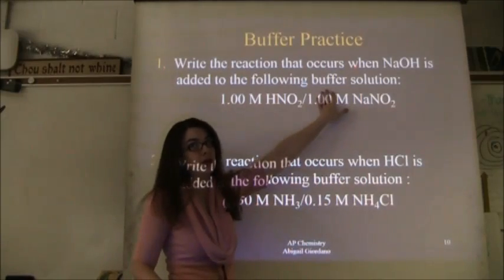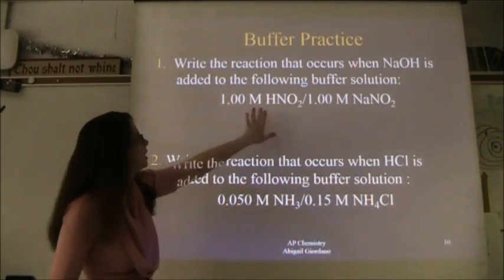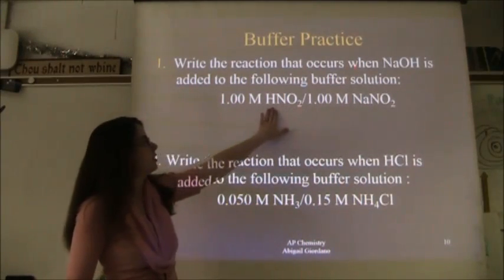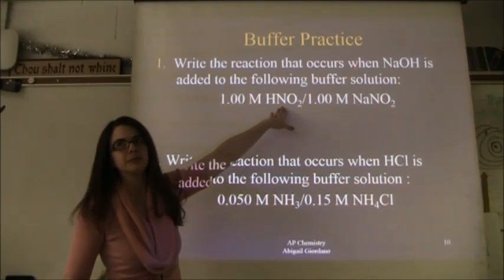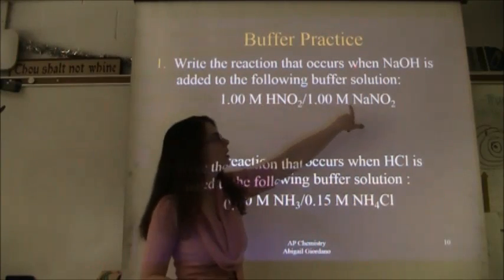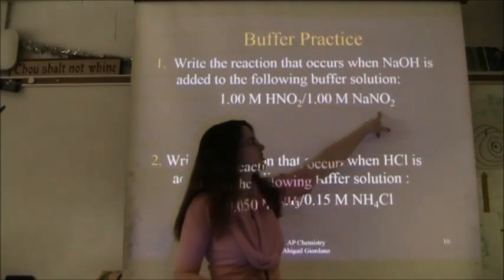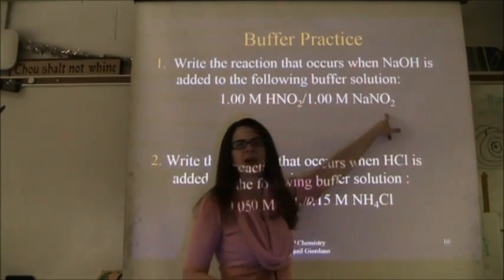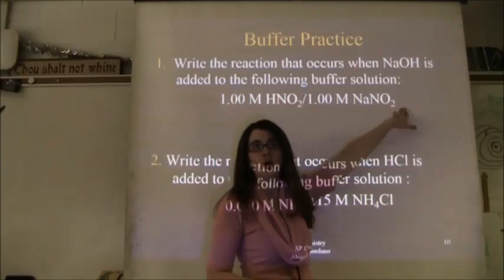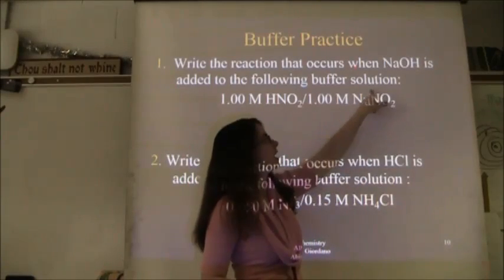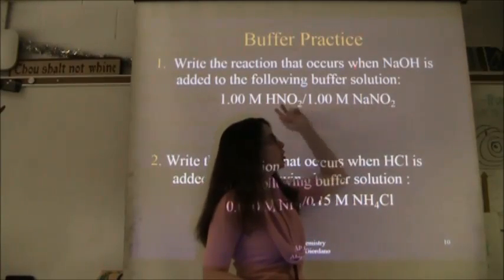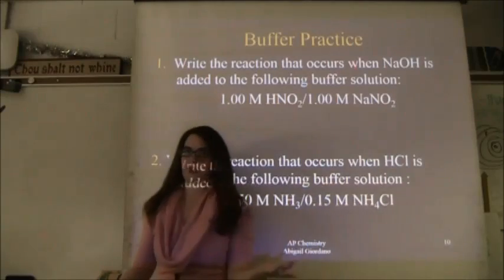They might not do that on a test question, but here's an acid, strong or weak? Weak. Buffers include weak acids, and then what is this? Sodium nitrite, what is that? It's a salt that contains nitrous acid's conjugate base.